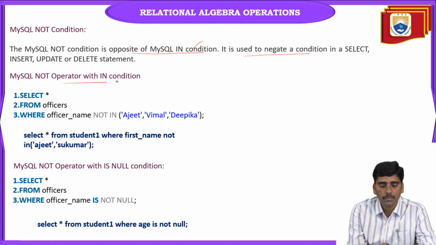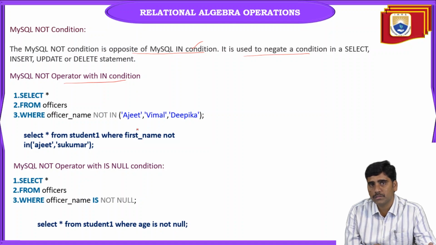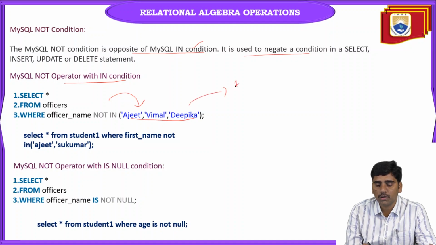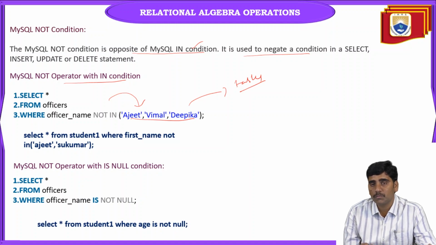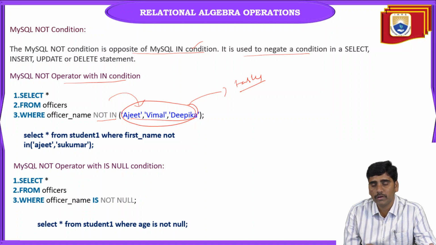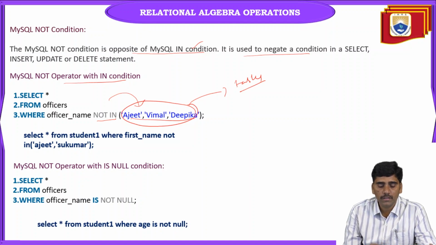So the MySQL not operator with the in condition is quite the opposite. The in condition validates whether the values exist in the table or not, and if they exist, it displays them. But not in displays everything other than these values, whoever the employees or officers are.